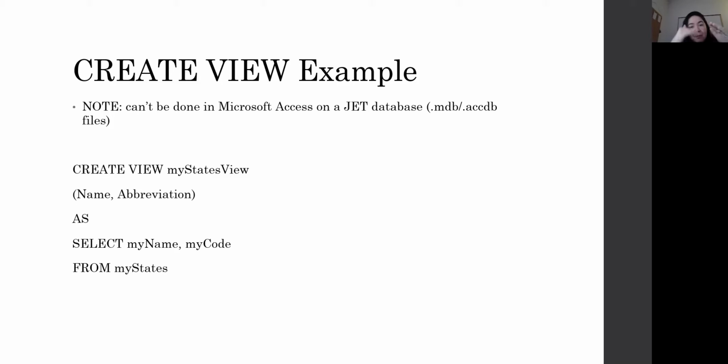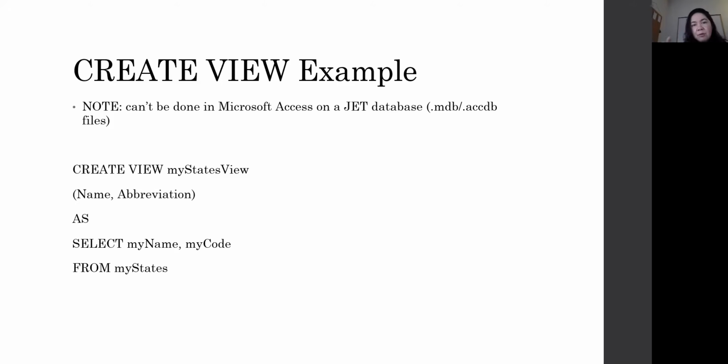So if you look at the rows below, and I know we haven't gotten into selects and froms and stuff like that, but from, if you remember, the my states table that we created, that's the table name. So from the my states table, we're going to select my name and my code and use those as what we want to see, except we're going to rename them, because my name and my code are great for the database column names for our purposes, but probably not so much for the users.